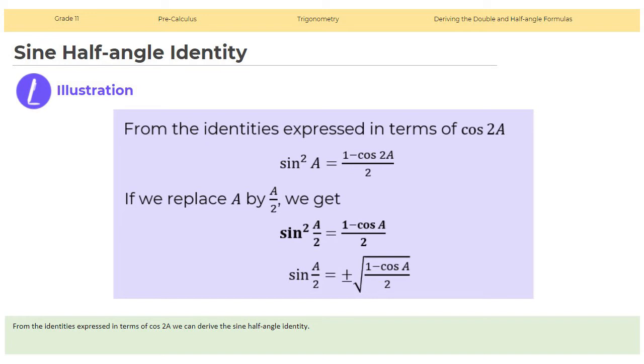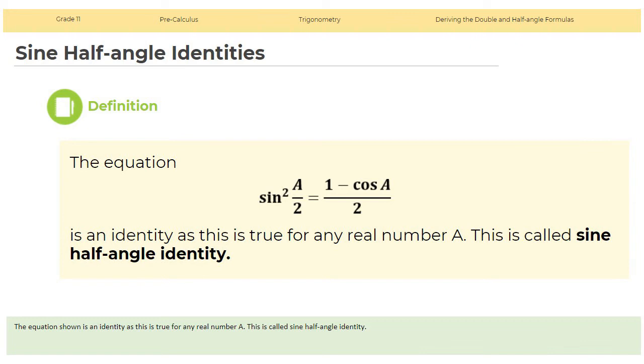So extract the root in both sides of the equation. It will be sine a over 2 equals positive or negative square root of 1 minus cosine a all over 2. The equation shown is an identity as it is true for any real number a. This is called the half angle identity. So take a look at the equation. Sine square a over 2 equals 1 minus cosine a over 2.